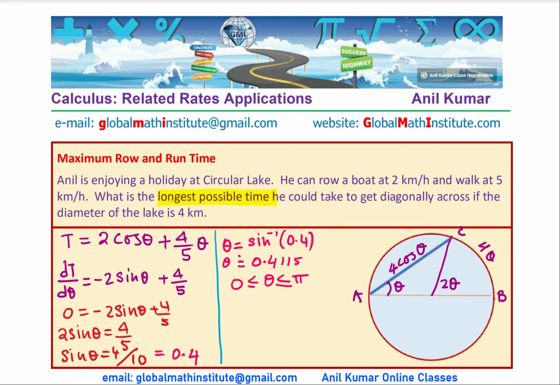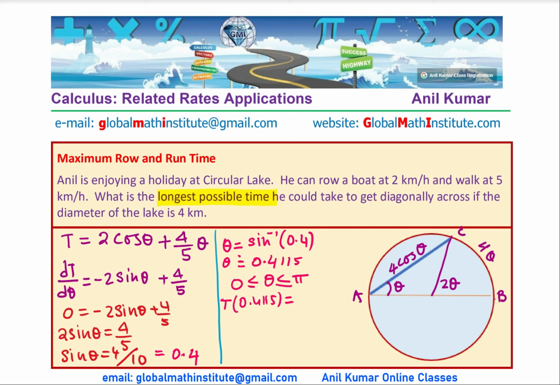So we can calculate the time for all these values. So let's find the time for 0.4115, substituting in this particular expression, and also for 0 and pi.